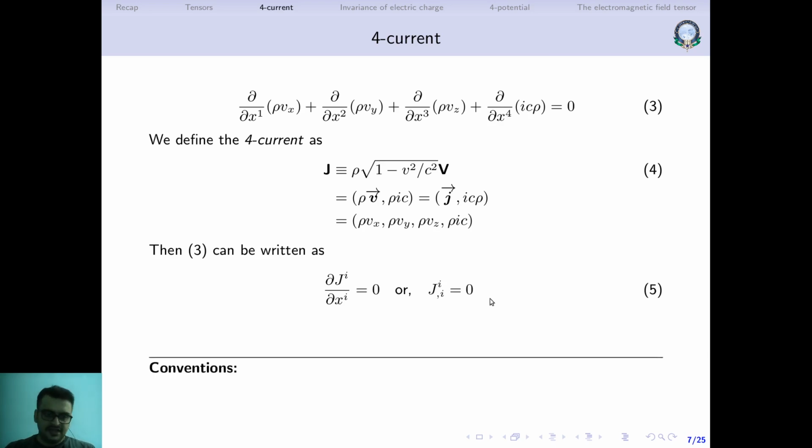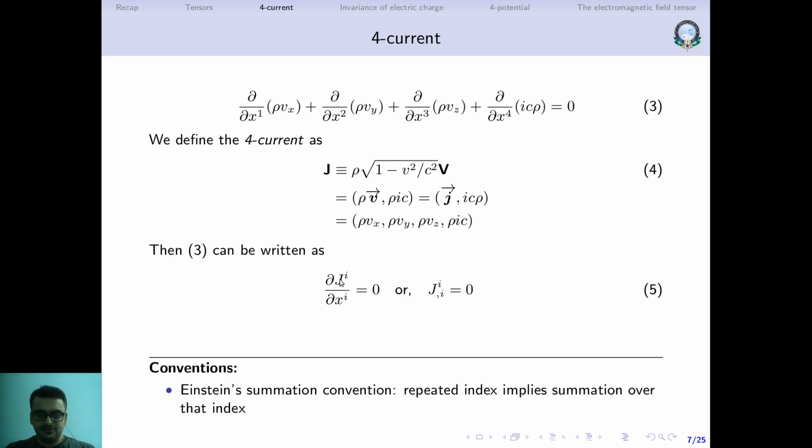Of course, here I have used some conventions. In writing this expression, we have used what is known as the Einstein summation convention. That is, if a term has a repeated index, it implies that there is a summation over that index. Over here, we have dou Ji by dou xi. In this same term, i is repeated, so this implies that we are actually summing over i.